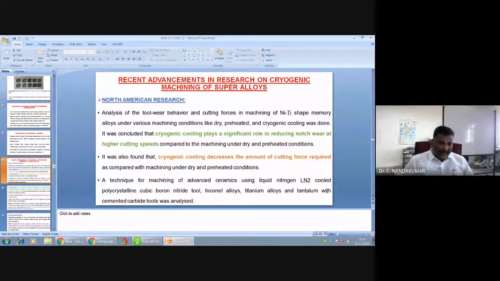A technique for machining advanced ceramics uses liquid nitrogen LN2 cooled polycrystalline cubic boron nitride tools on Inconel alloys. So with the help of cryogenics, we can machine various materials.